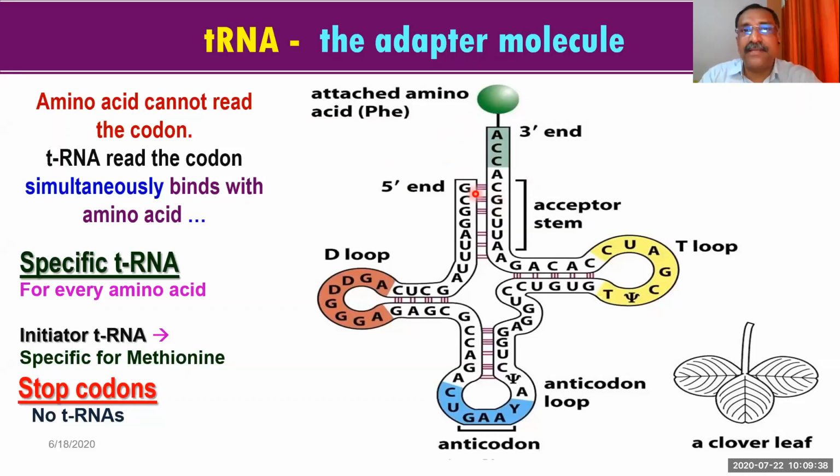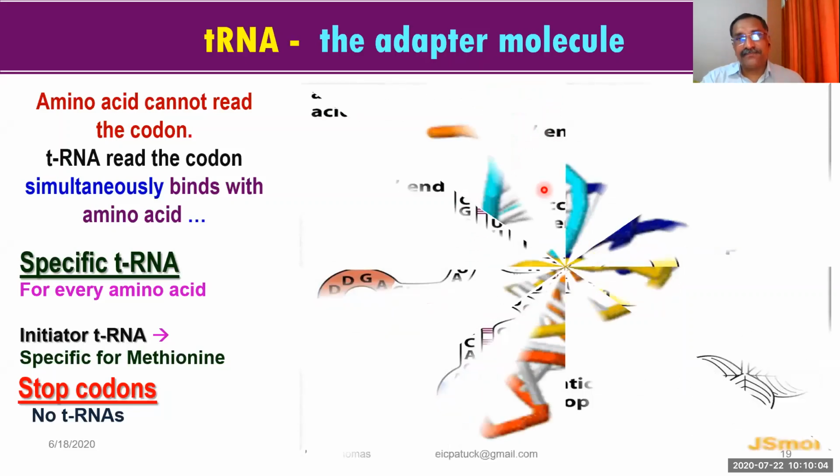At the free end, you can see the arm starting with guanosine, that is the 5' end, and ending with the CCA, that is mostly the unpaired end. The 3' end ends with the CCA, and the amino acid attaches to this end. Always the amino acids get attached to the 3' end.